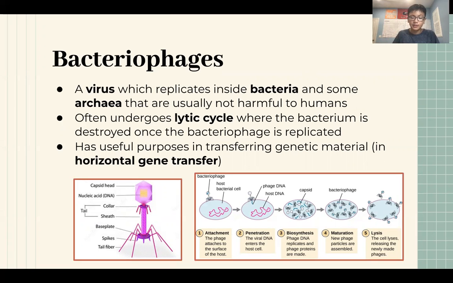But in bacteria, bacteriophages undergo the lytic cycle, which essentially is like you use the cell and all this machinery to replicate yourself, and then you break up the cell and destroy it in order to release yourself. But it helps with transferring genes, so that's a good thing.